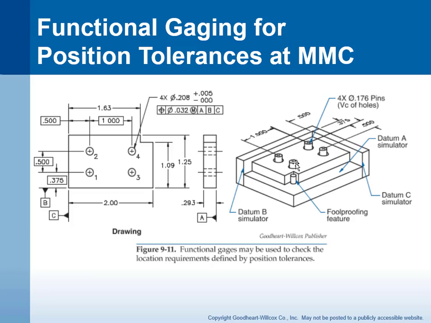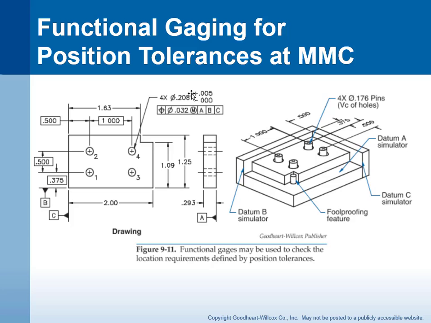If the pins fit through the holes and datum A picks up the high spots on datum A simulator, and we can touch the datum B simulator at least 2 points back here, and we can touch the datum C simulator back over here, then we know that this part meets the feature control frame for location. It doesn't say anything about the size of the holes. I have to inspect those independently.